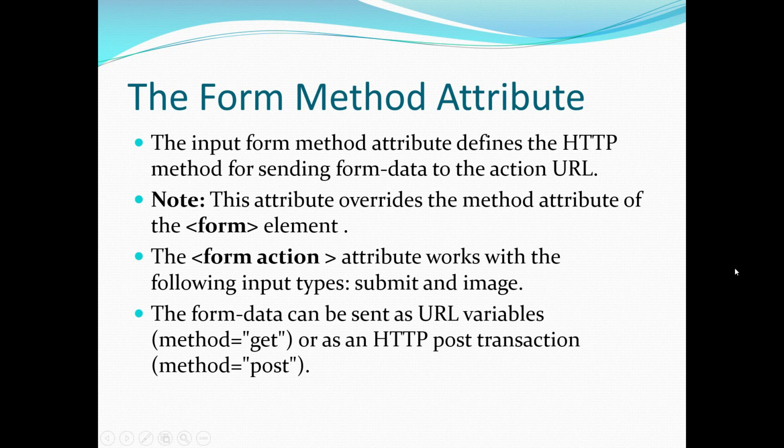If we use the get method, then all the form data is visible in the URL, and that is a threat with respect to security. If we use the post method, then the form data is not visible inside the URL. So this is the most secure way to deal with the form. You should use the post method instead of get.